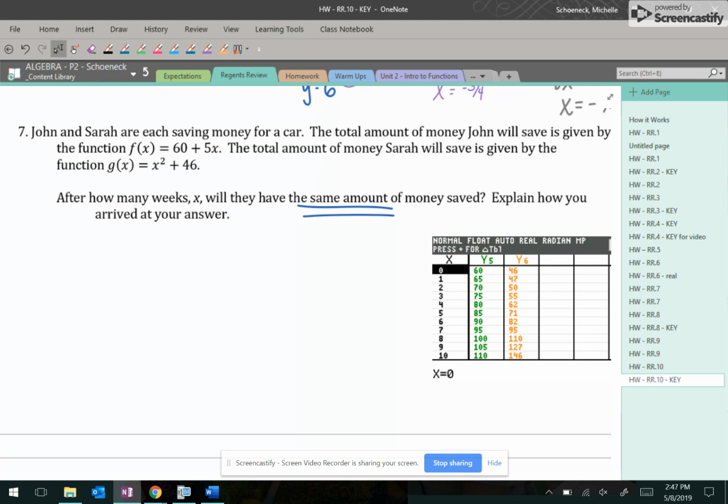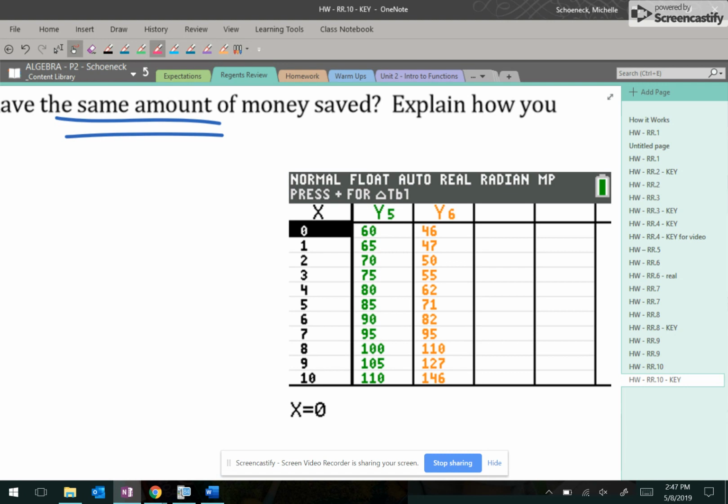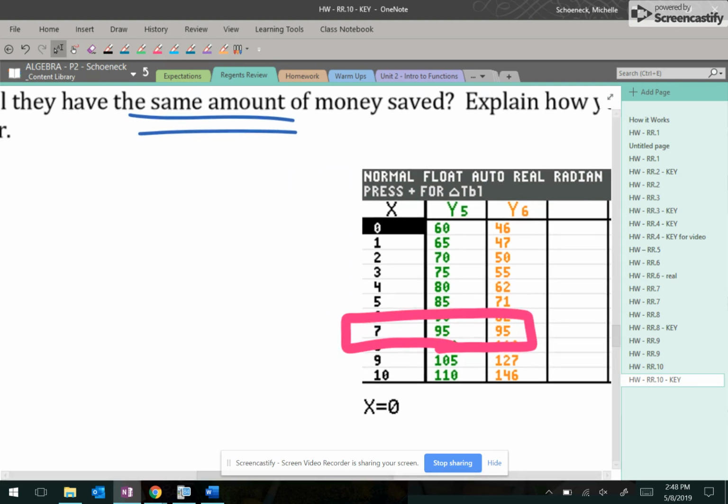All right. Well, I typed them into 2 different y equals, so I could look and see when they are equal, meaning when do they have the same y value? And I find it happens right here, when x is 7.